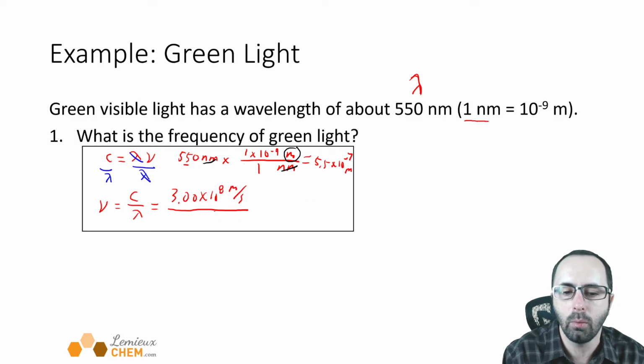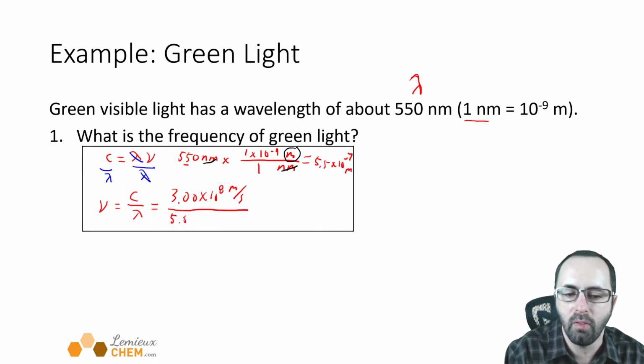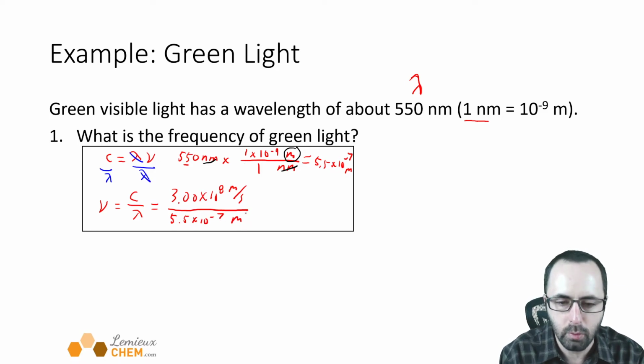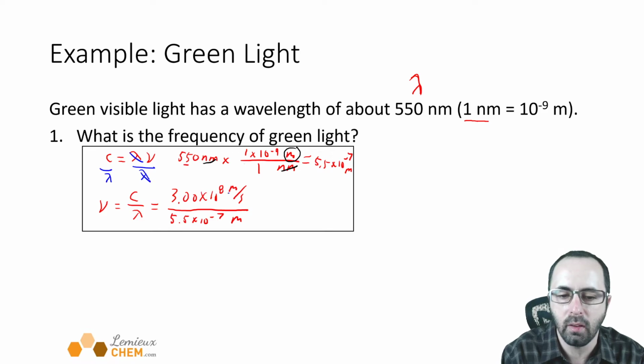And so that's what we're going to put in for our wavelength: 5.5 times 10 to the minus 7 meters. And in terms of units, our units on the top are meters, our units on the bottom are meters. Those will cancel. All that's left, in terms of units, is 1 over seconds.